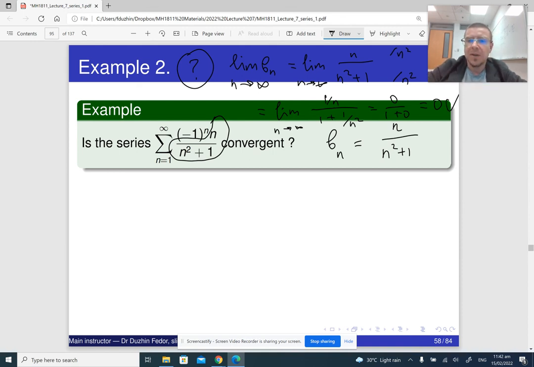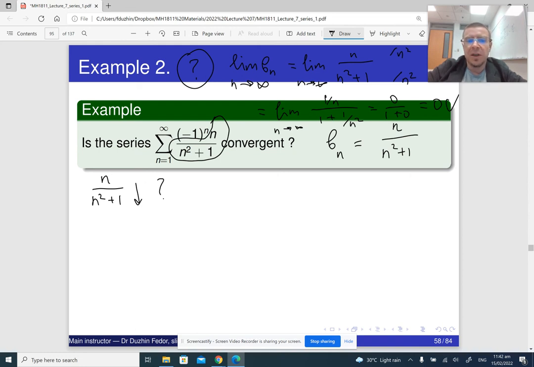Let me make a check here. The second assumption is to verify that this sequence is decreasing. Is it true that the sequence bn, n over n squared plus 1, is decreasing? Well, I think we could plot the graph of this to see if it really works, and it actually works.